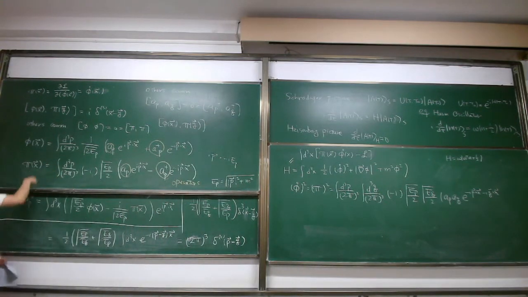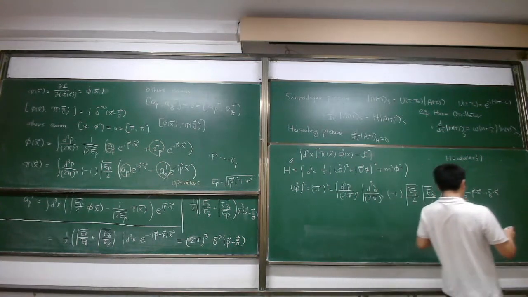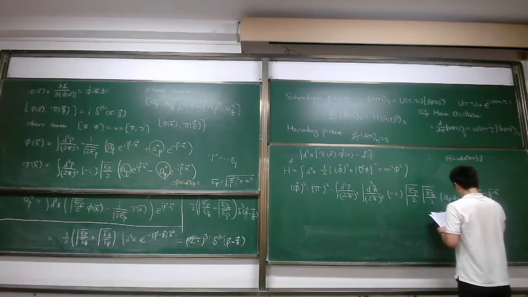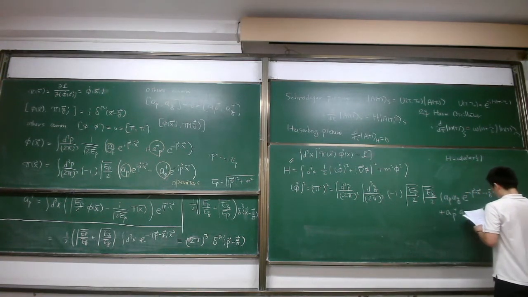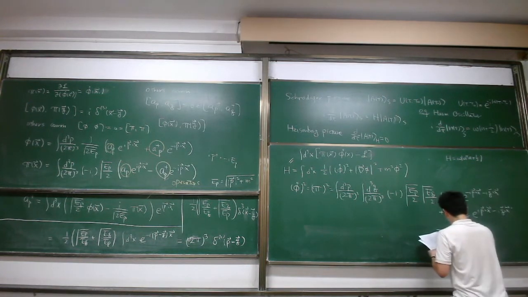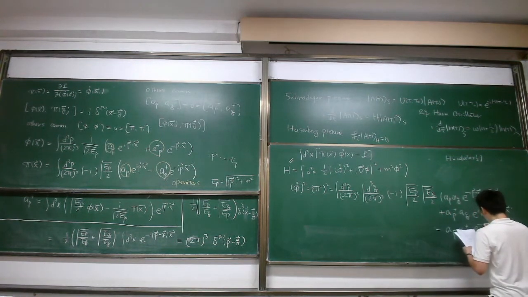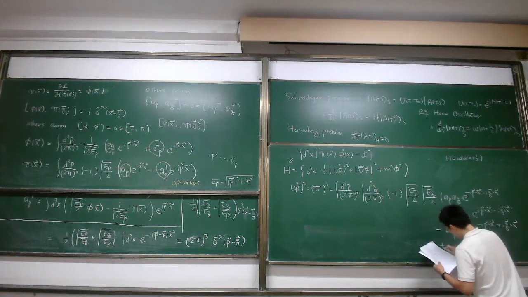When you square it, you have to use the two momenta, P and Q, and then just write it down honestly. Plus A_P dagger A_Q e to the i P x minus i Q x, minus A_P A_Q dagger e to the minus i P x plus i Q x, and then there's another term.